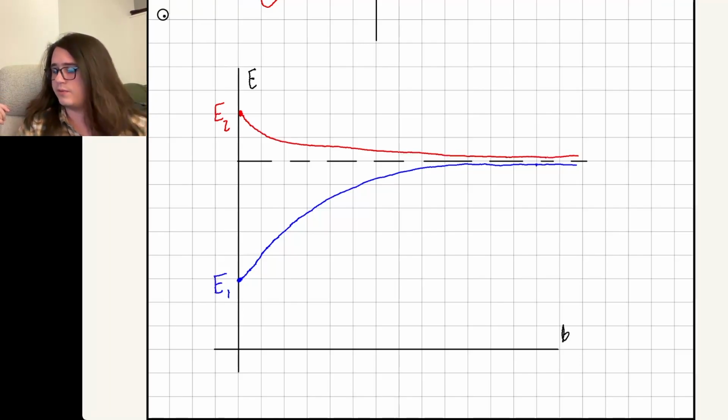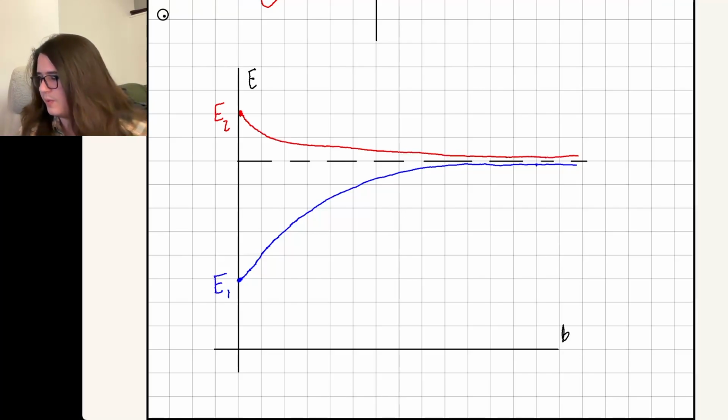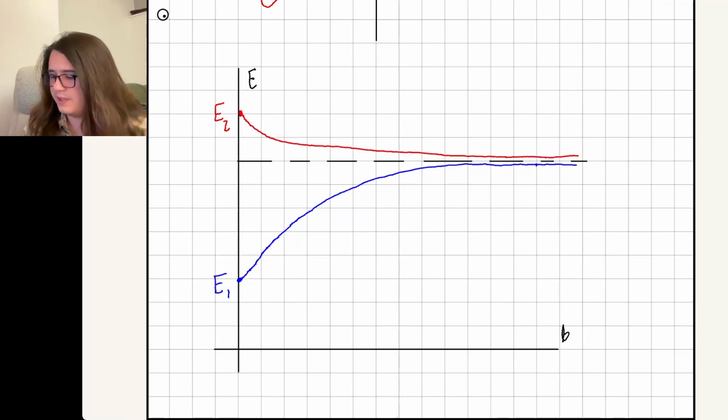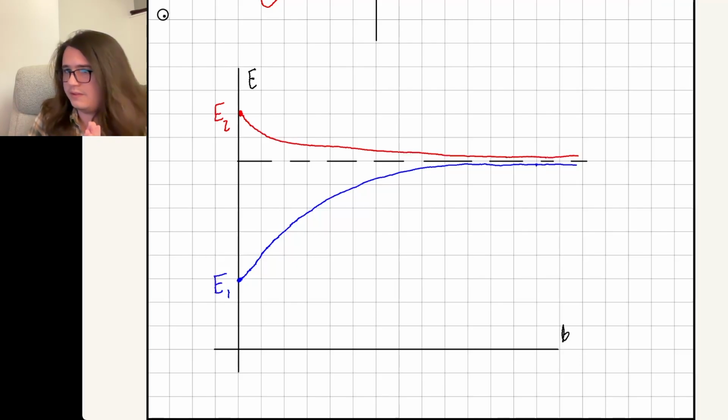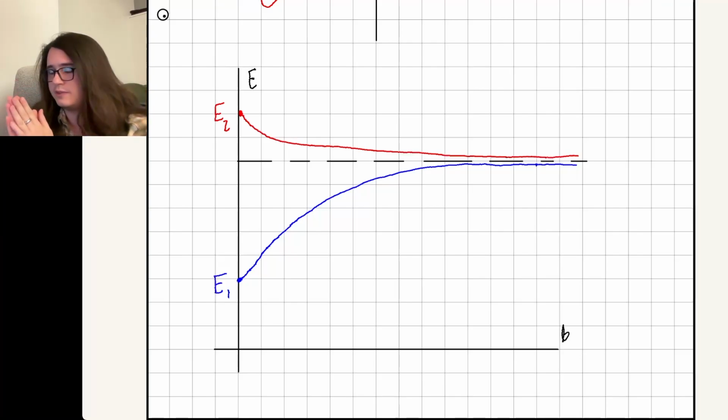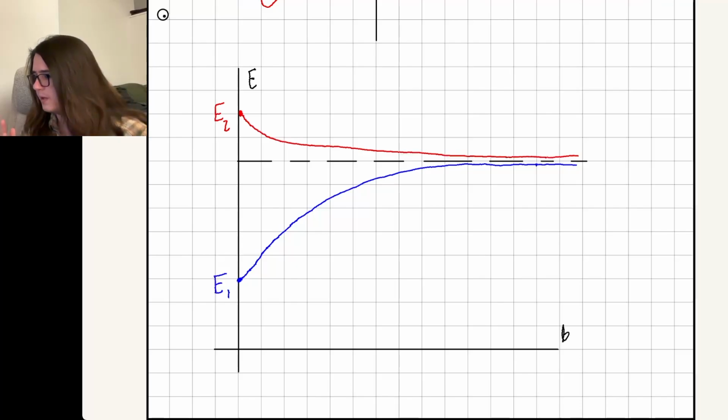But if you have ground state electrons, then the energy in the middle part is quite a bit higher than the ground state energy for the atoms being right next to each other. So if you have ground state electrons, they'll actually smush the two atoms together. And I think, in my understanding, that's kind of how ionic bonds work.